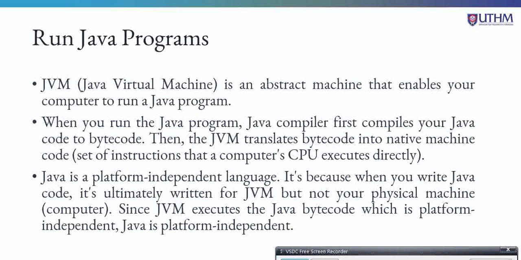It's not written for x86 or Bionic or Kirin. Since the JVM executes the Java bytecode, which is platform independent, Java is platform independent. So the dot class, I'm not sure whether the dot class that you create on x86 can be run on ARM architecture. This one I'm not sure. We need to test it.